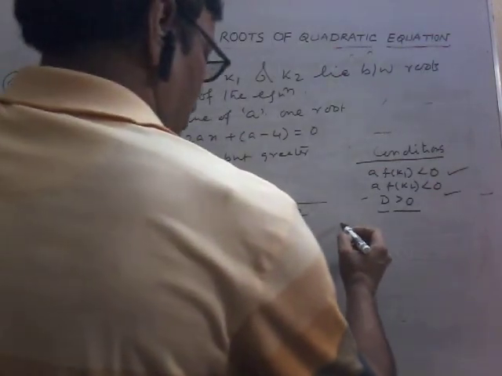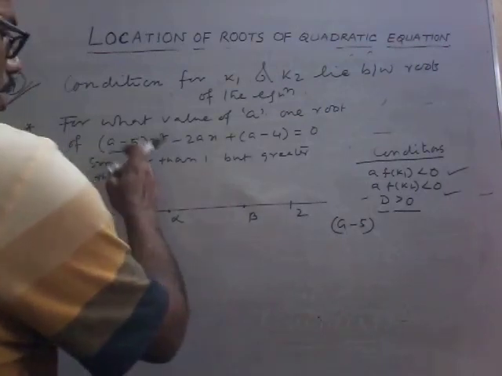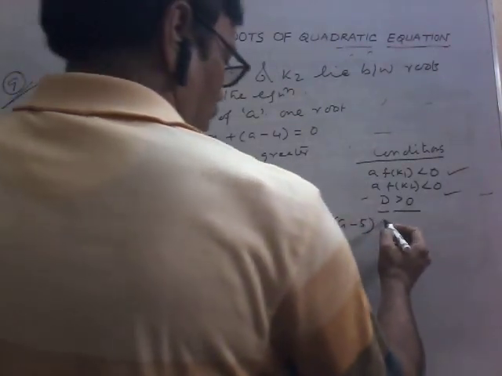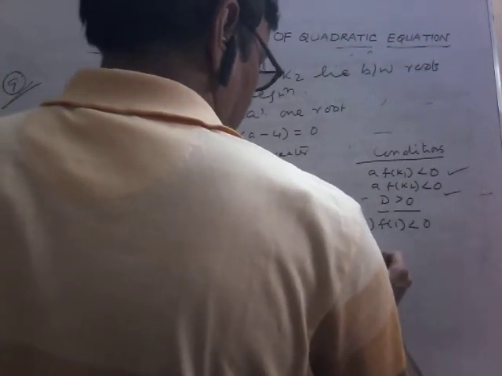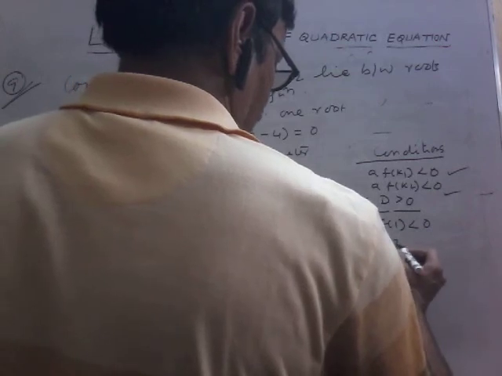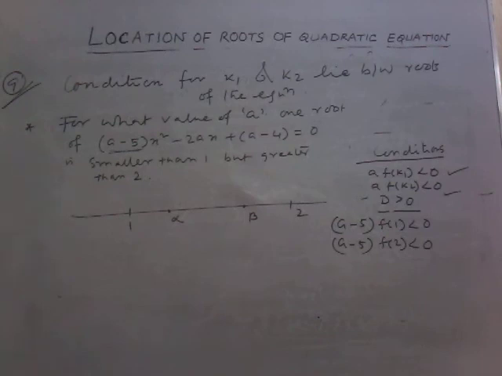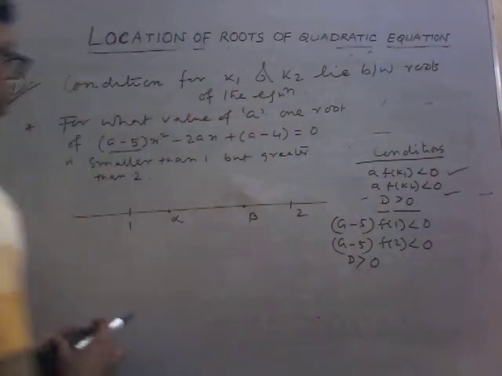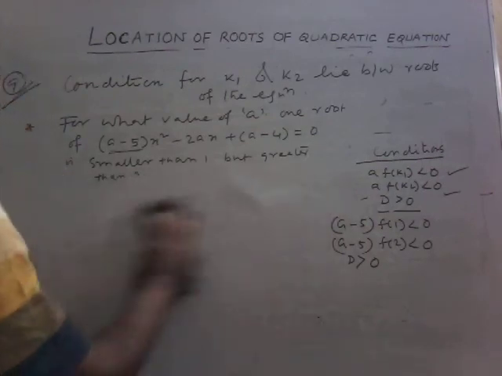So what is our condition? (a minus 5) into f1 less than 0, (a minus 5) into f2 less than 0, and obviously d greater than 0. Now we solve these.